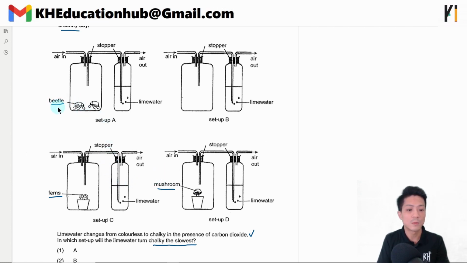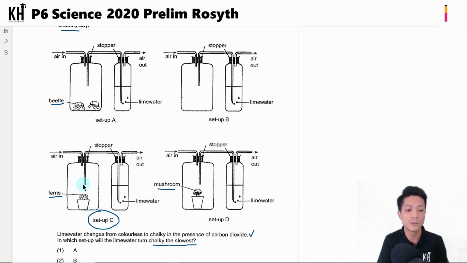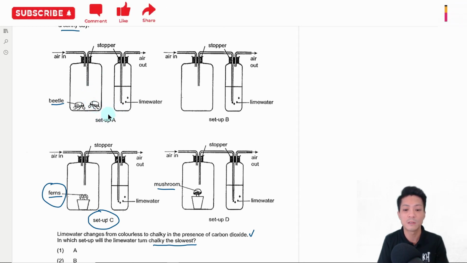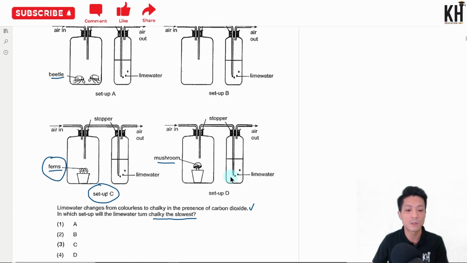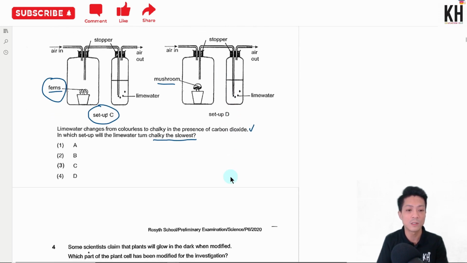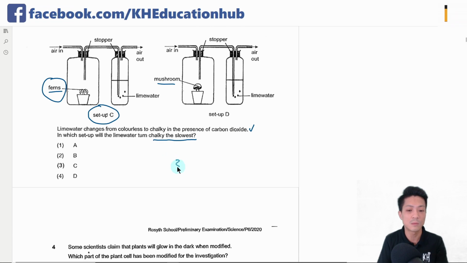So the one that will give out the least amount of carbon dioxide is probably setup C, due to the presence of the ferns. The beetle will produce carbon dioxide, so A will be the fastest. And C will be the one that will turn the lime water chalky the slowest. Setup C is number 3.